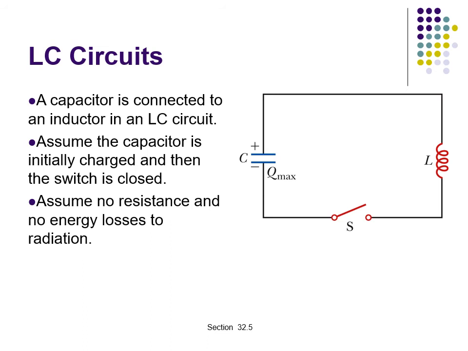And it's going to change again and spit out current in the counterclockwise direction and charge up the top of the plate. And as long as there is no loss due to imperfect wires, so as long as there's no resistance in the wires themselves, this thing will just sit there and oscillate back and forth like simple harmonic motion.